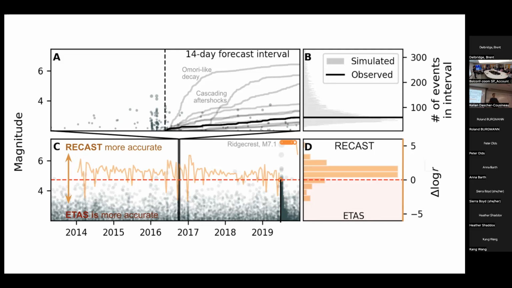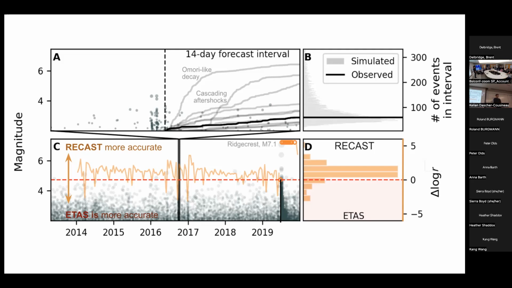So you can imagine that the most crude example of this might be that if you just took the average of your training set and used that as your prediction for the test set, you would do well when the seismicity is high because your training set was high, and you would do worse when your seismicity is low. But I'll note that that's a characteristic of this test. We've done other tests where recast is able to track how the seismicity evolves, whereas ETAS is less sensitive to the fluctuations.